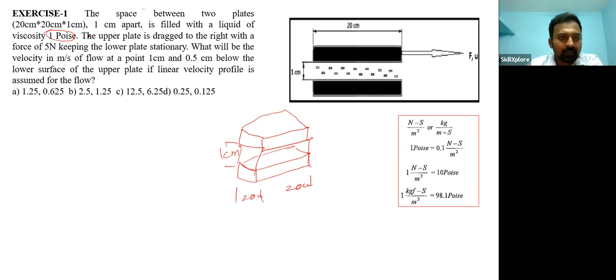Here the upper plate is dragged to the right side by a force of 5 Newton, keeping the lower plate stationary. This plate is the stationary plate, and we are going to move this upper plate.